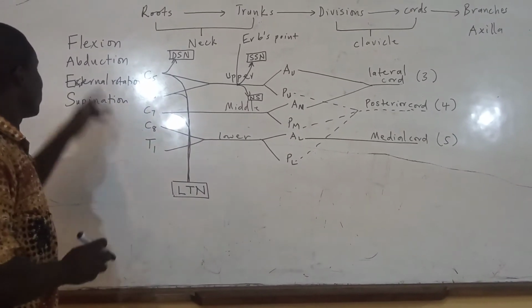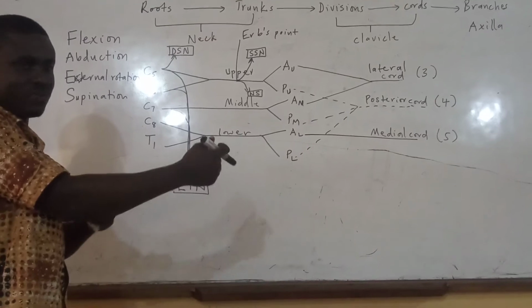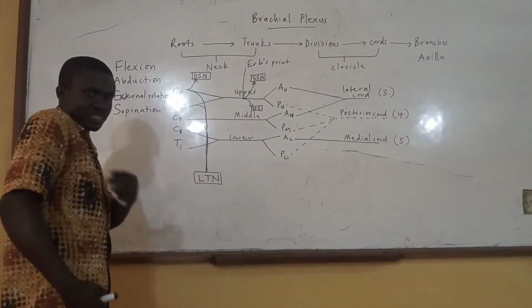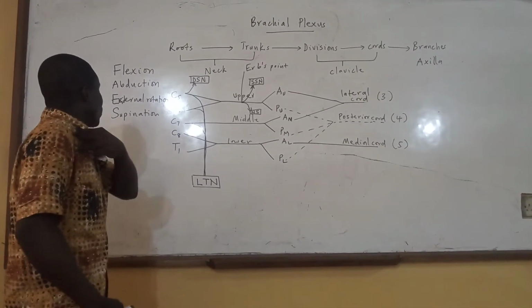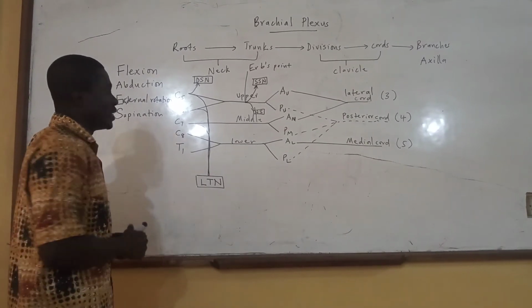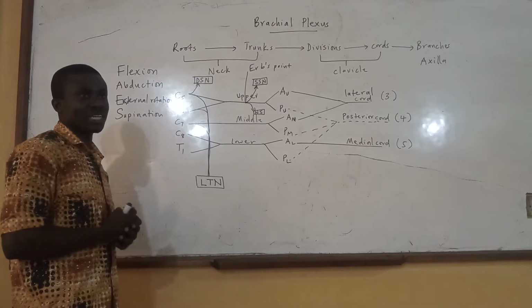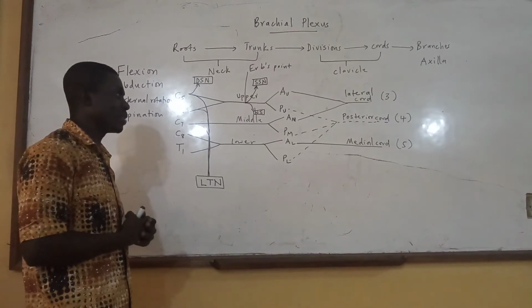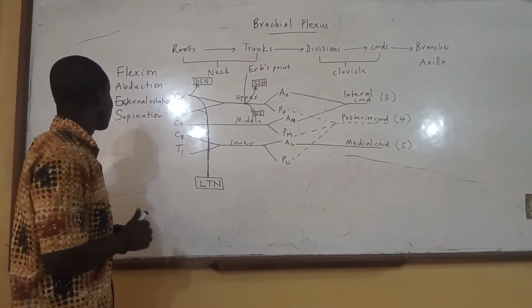Now, if flexion is lost, you can't flex, then it means it is extended this way. So extension is happening, but you can't flex. And usually the muscles which are mainly for flexion, which will be affected, are the brachialis muscle and the biceps brachii muscle.